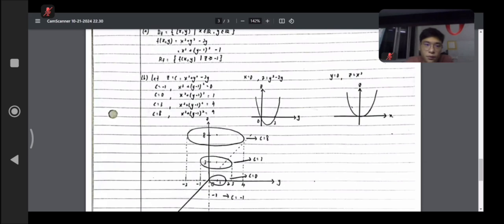We are also asked to sketch the level curves given c equal to minus 1, 0, 3, and 8. When c is minus 1, the radius will become 0. When c is equal to 0, the radius of the circle will become 1. For c equal to 3, the radius will become 2.